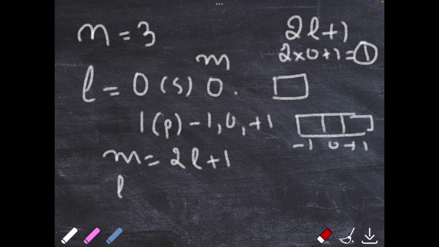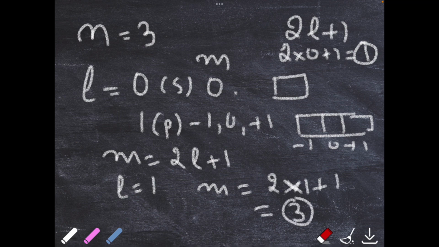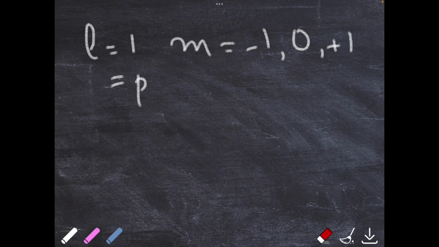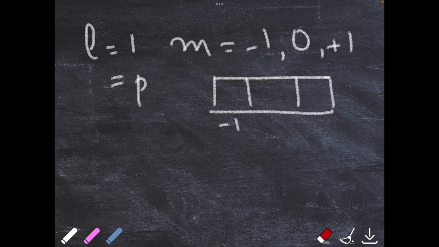So if L is equal to 1, total values of m will be 2 into 1 plus 1, that is 3. So if L is equal to 1, m will have minus 1, 0 and plus 1, and you will have p subshell, and this p subshell will have 3 orbitals: -1, 0 and +1. Fine.